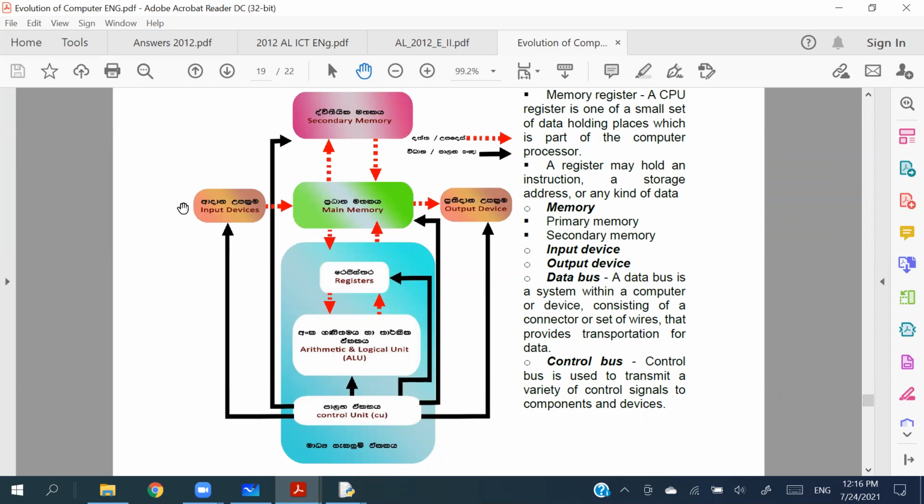Now, when it comes to the computer, it is having data, and every piece of data is referred to by an address, right? So data and address are always used when we are dealing with data inside the computer.